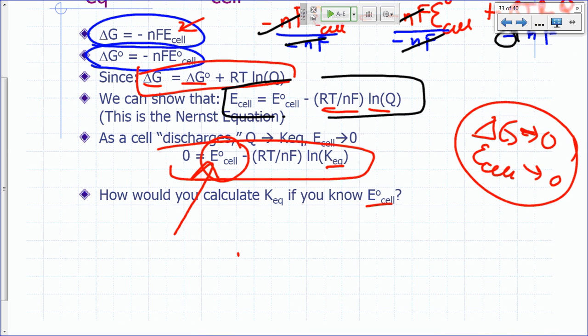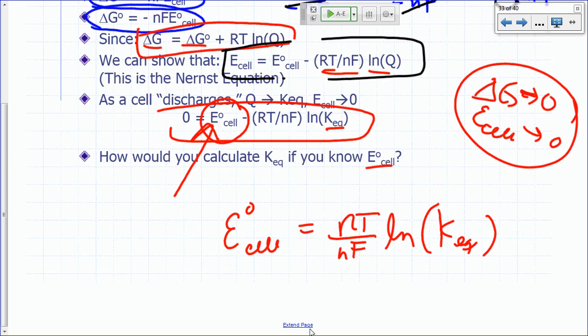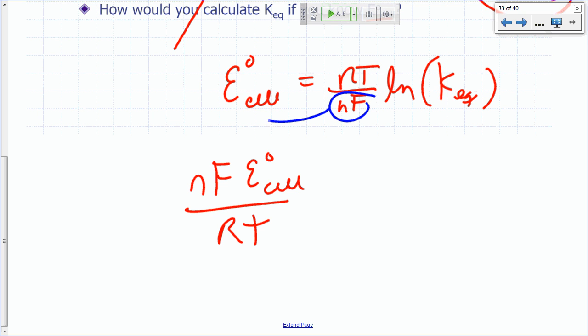I can say then that E naught cell equals RT over NF natural log of KEQ. And so I can solve for KEQ. I'm just going to rearrange this. I'm going to move this over there and move this down here.